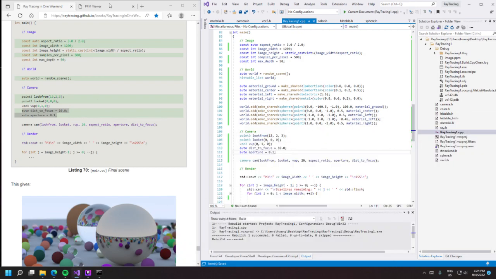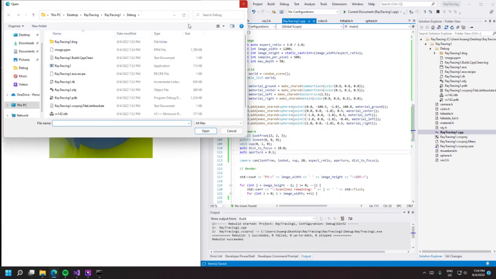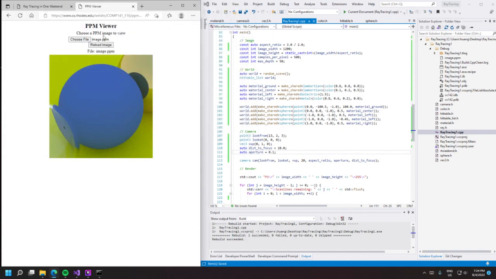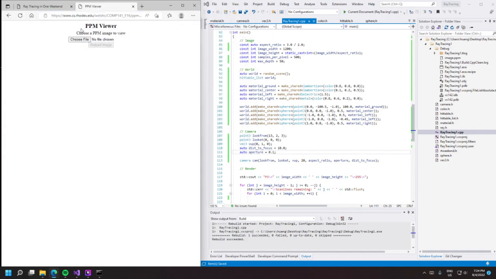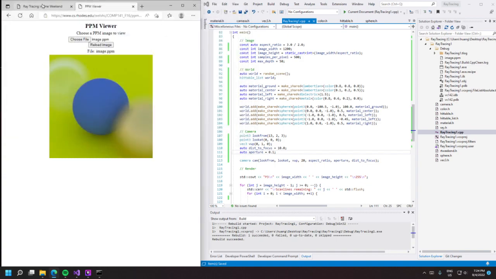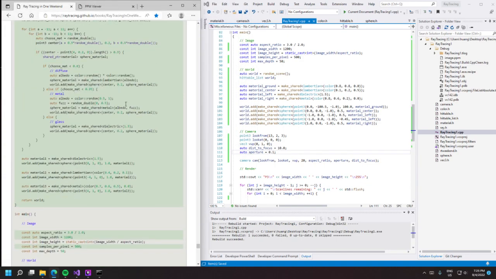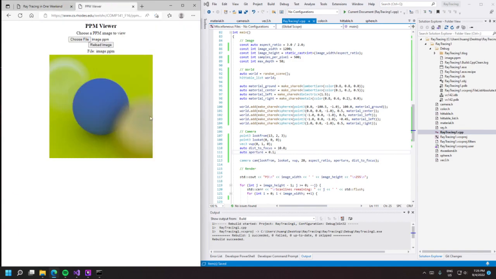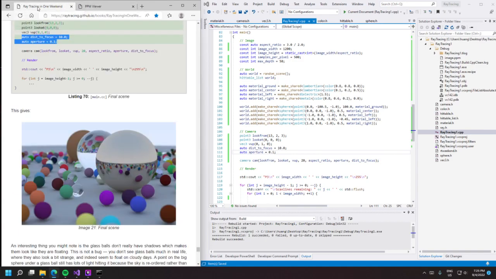And that one is done, so let's try it. Okay, this one is also very nice. We don't get the full picture because it's cropped out, but yeah, let's try the final thing.